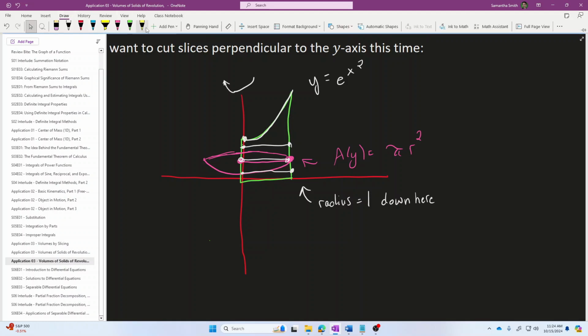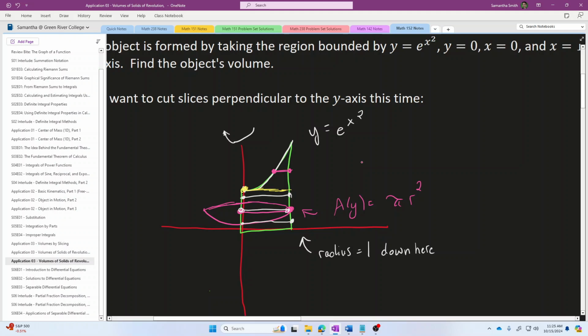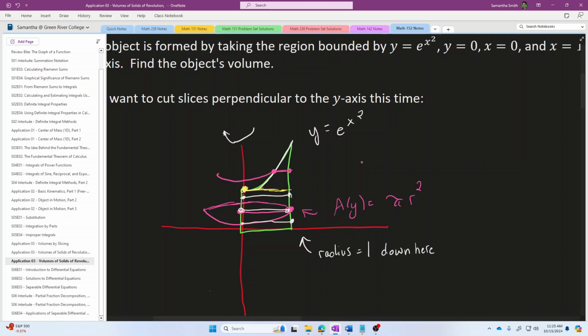But something changes dramatically as soon as we hit this corner right here. As soon as we hit this corner where the exponential part of the function takes over, the nature of my slices has changed. Because now, if I slice into the object, the slices are not even really the same shape that they used to be. Because when I take a slice up here, perpendicular to the y-axis, and I spin it around the y-axis, I see what's being formed in this case is a ring.